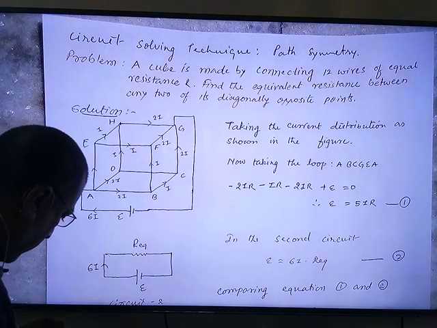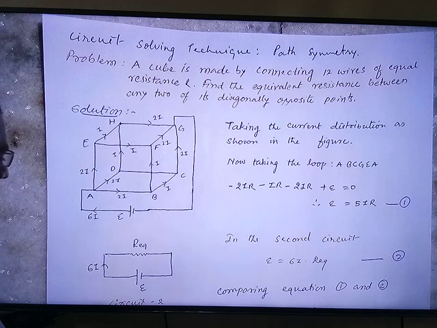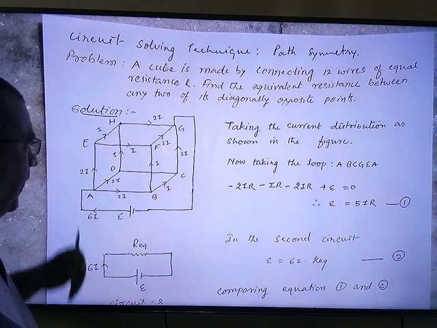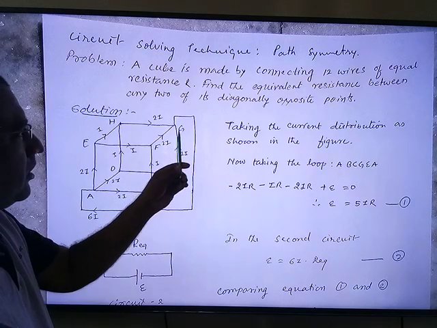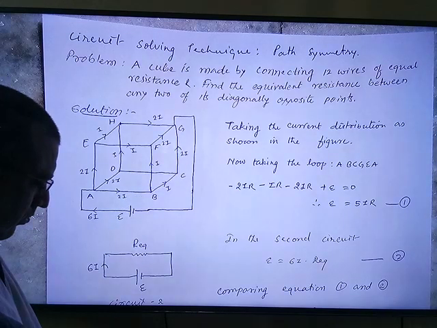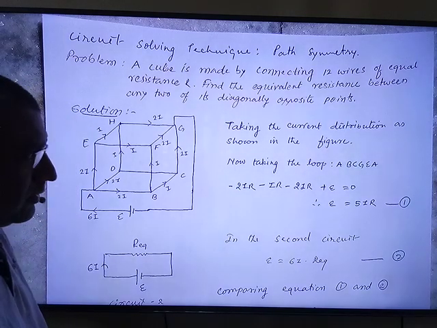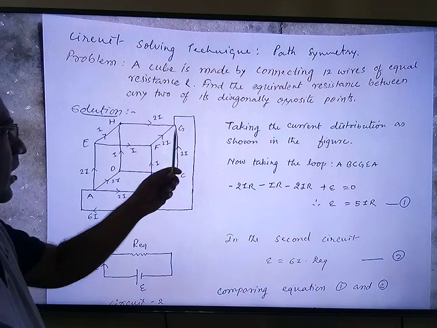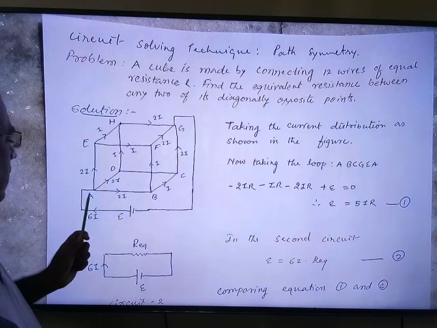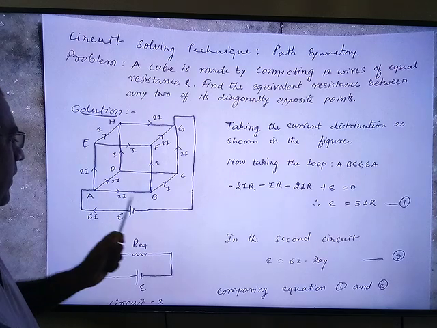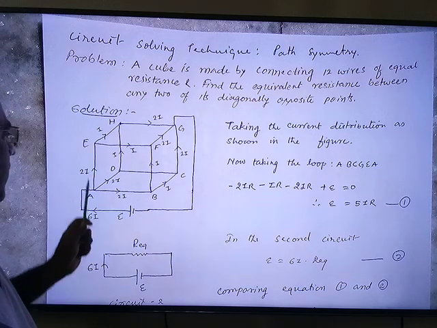You see, the current from the battery is entering at point A and leaving at point G. Now check the possible paths between A and G. The current that enters point A will definitely have to flow through the branches AB, AD and AE.